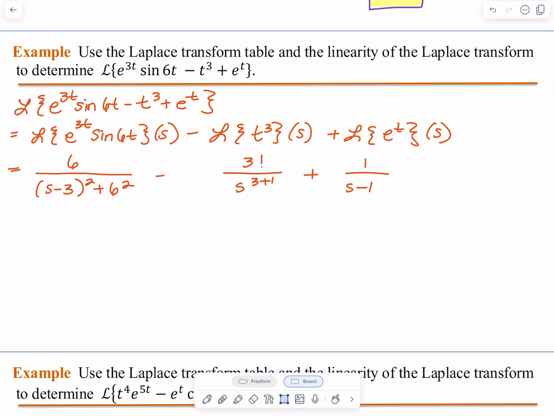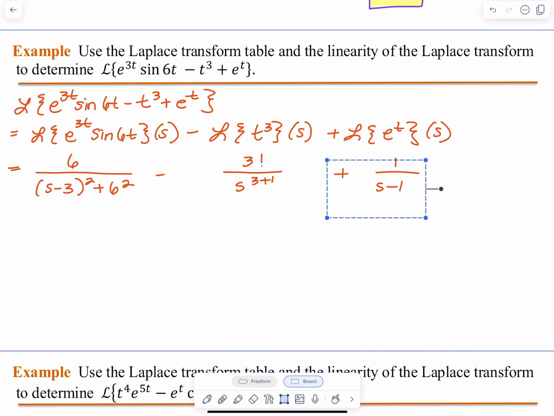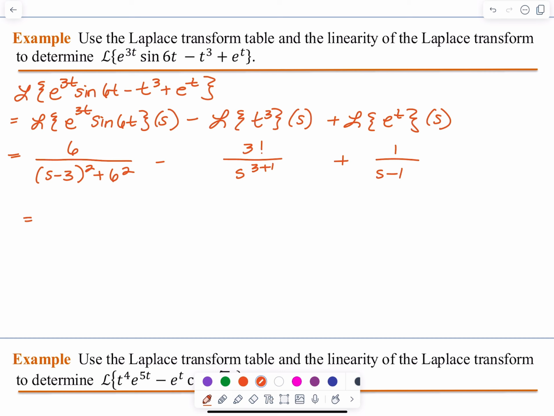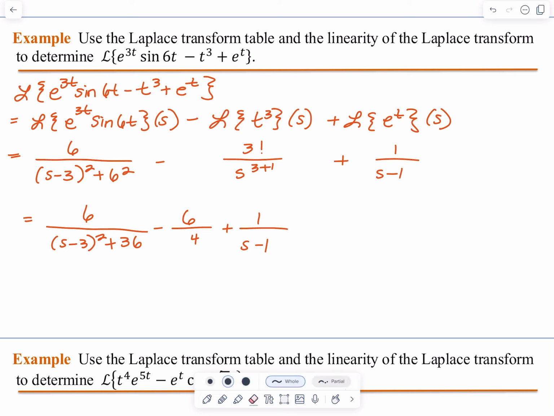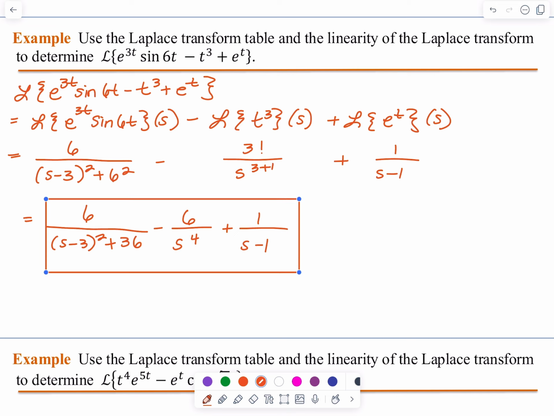So putting this all together, we have that this is equal to 6 divided by s minus 3 all squared plus 36 minus 6 over s to the 4th power plus 1 over s minus 1. And of course, this is valid for s greater than 3.